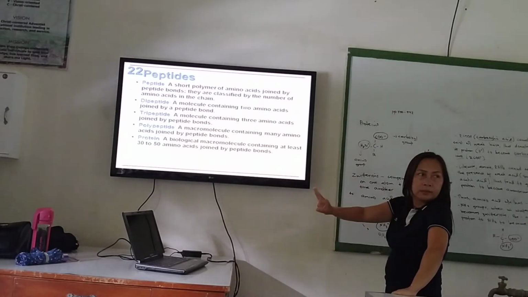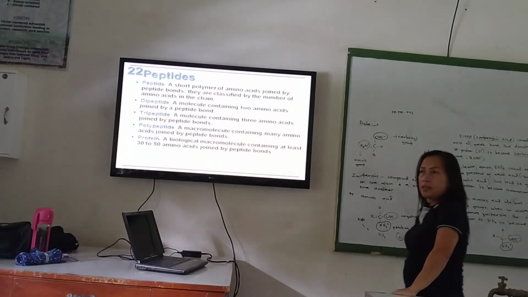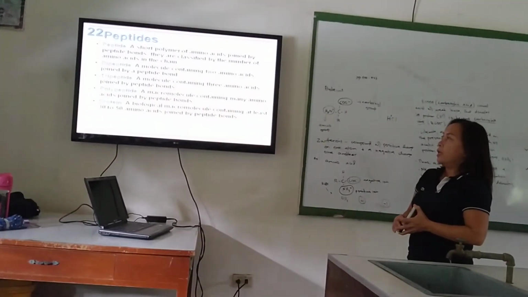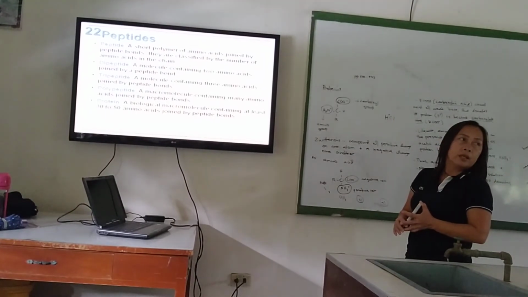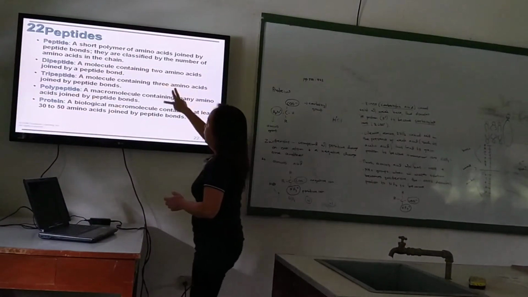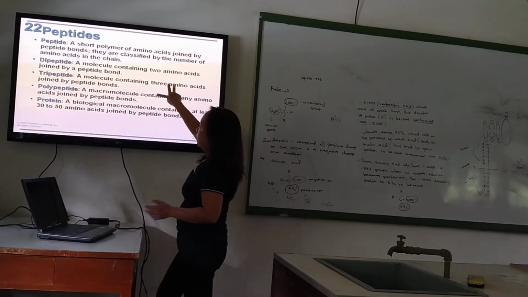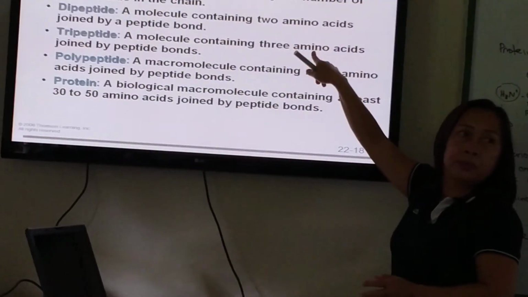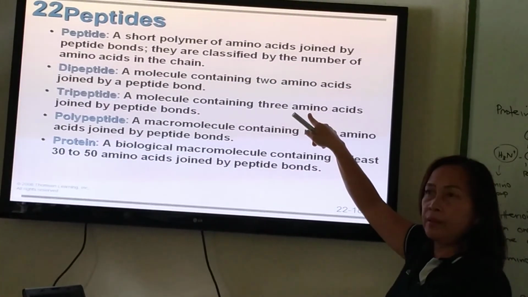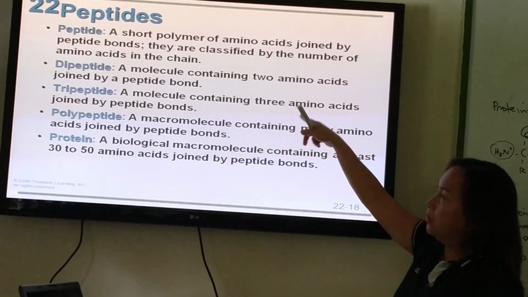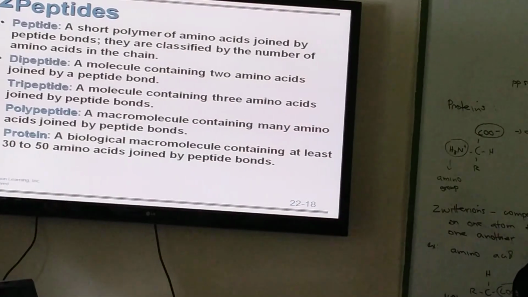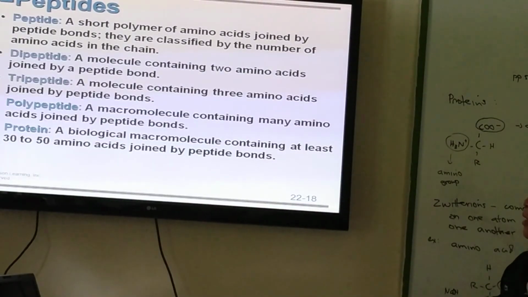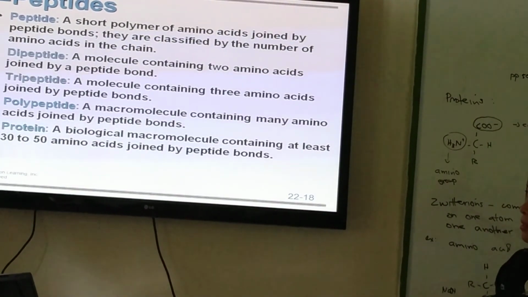It's easy to identify, as the name reflects the number of amino acids bonded together by peptide bonds. Tripeptide, three amino acids. Poly means several: several amino acids bonded together by peptide bonds.